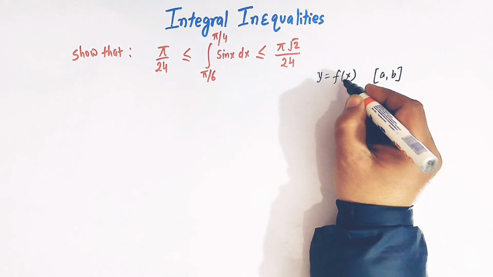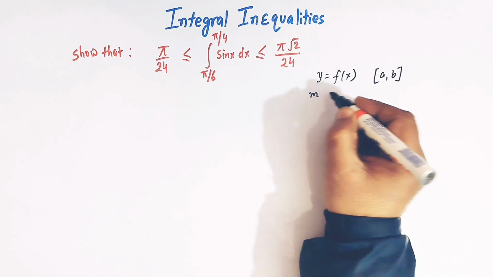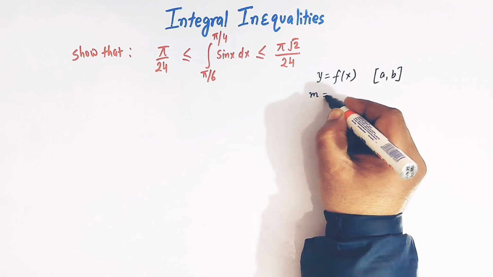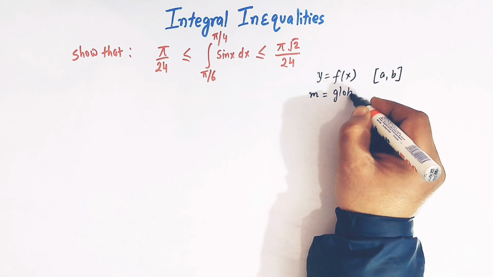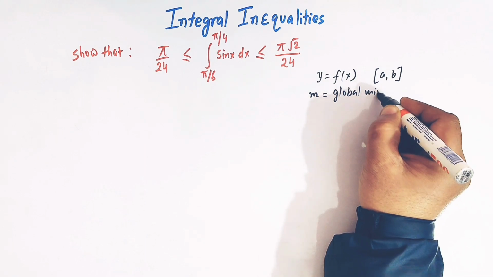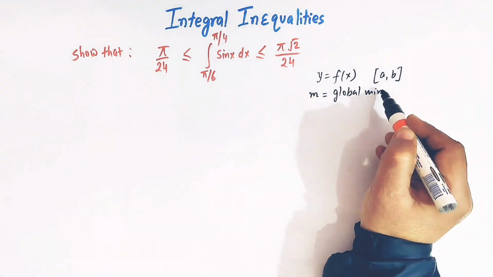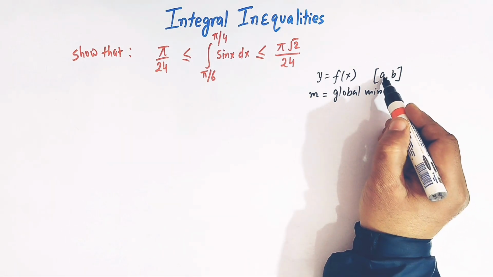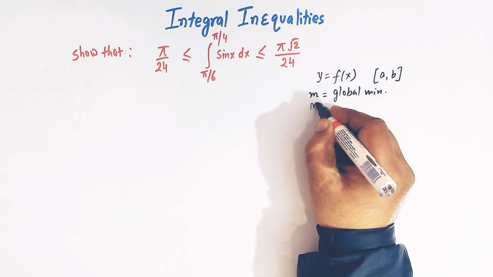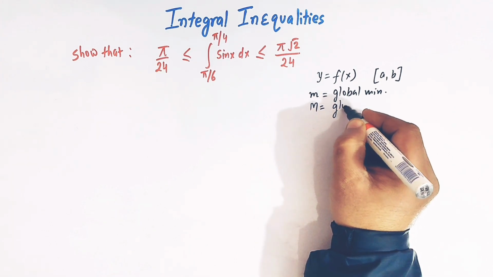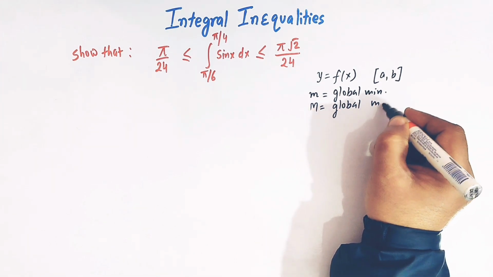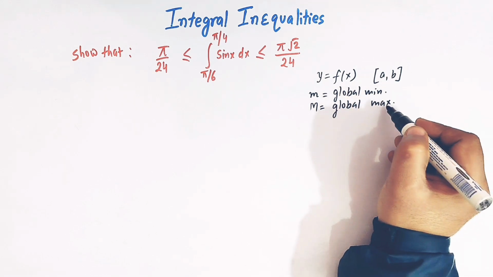And if this function has m, that is small m, as the global minimum, right? So f of x has m as the absolute minimum value in this interval and capital M as the global maximum, right, or absolute maximum.